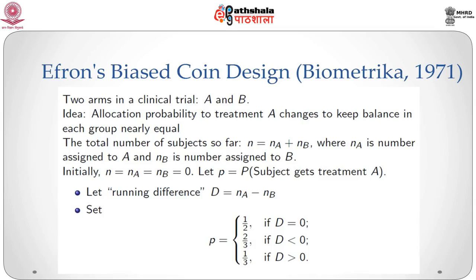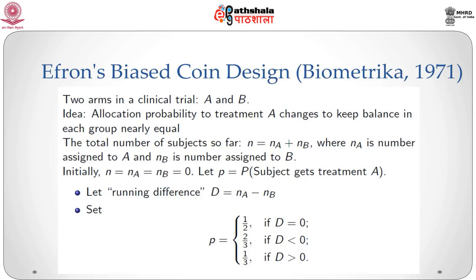An interesting design is based on Efron's biased coin design, which appeared in Biometrika in 1971. So assume we have two arms in a clinical trial. The idea here is to keep changing the allocation probability to treatment A as the trial progresses, so as to keep the balance in each group nearly equal.